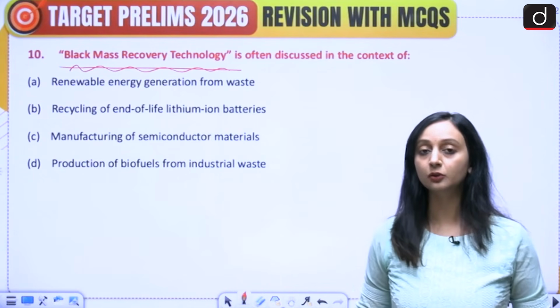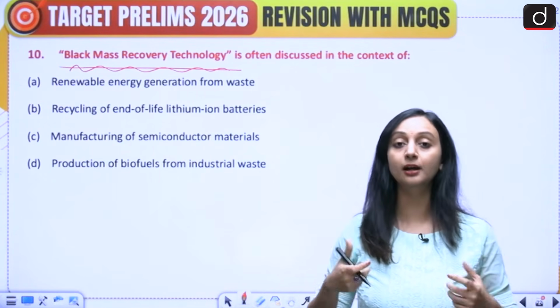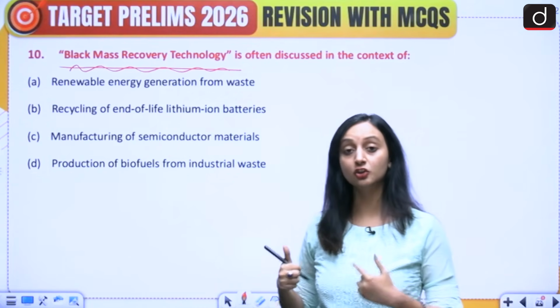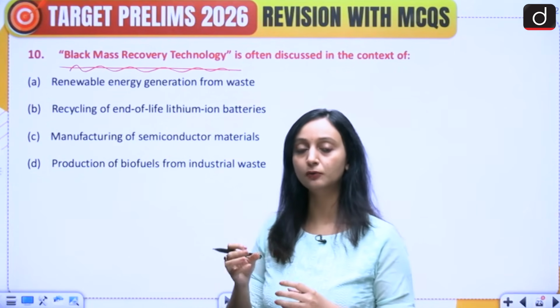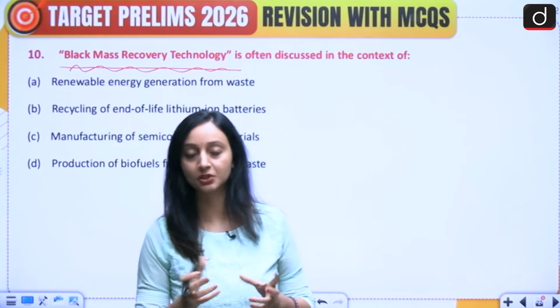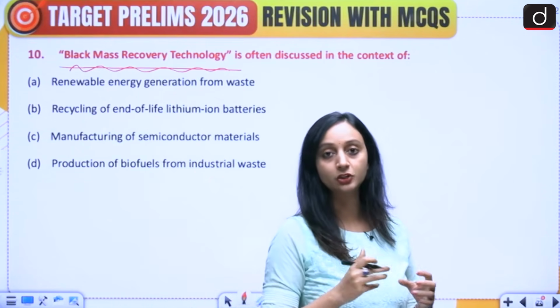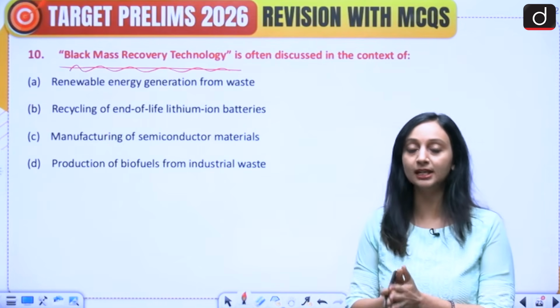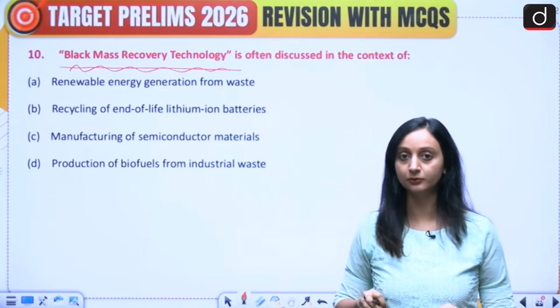So what are we trying to recover? We are trying to recover the black mass. And what's this black mass? When we shred the lithium ion batteries, it forms a black powdery substance, and that powder has all the valuable metals mixed in it, and then the separation will have to take place.